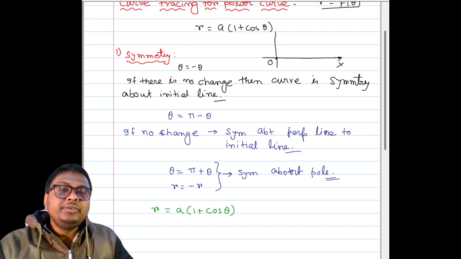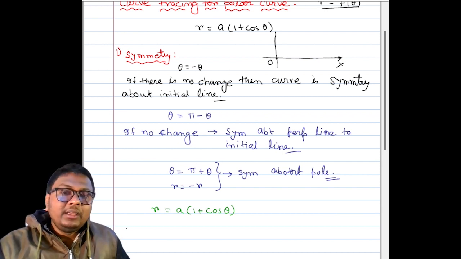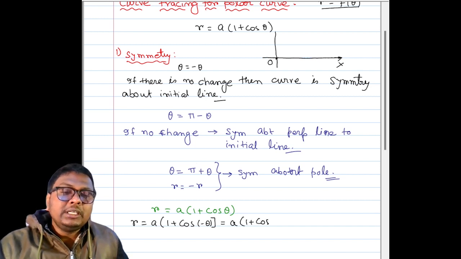First we put theta equals minus theta. So r equals a into 1 plus cos theta, with theta replaced by minus theta. Now we know cos of minus theta gives cos theta.